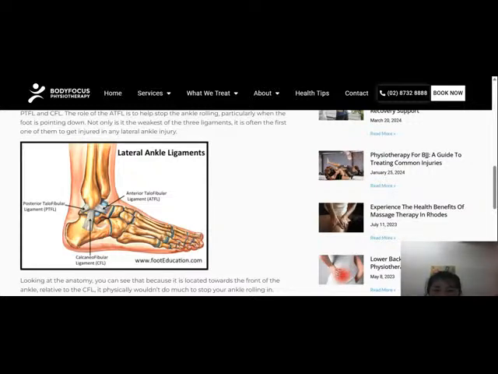A key clinical clue is a reported popping sound at the time of the injury, followed by rapid swelling, which may indicate a more severe ligament injury.